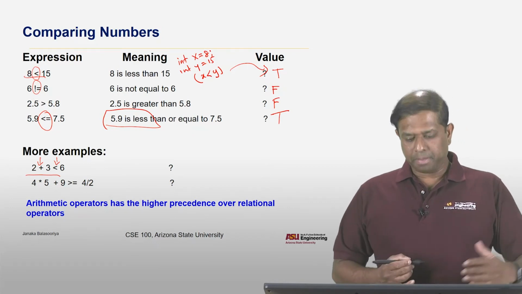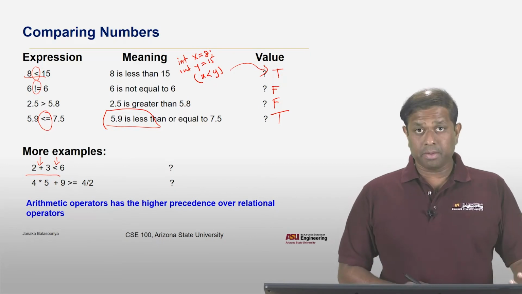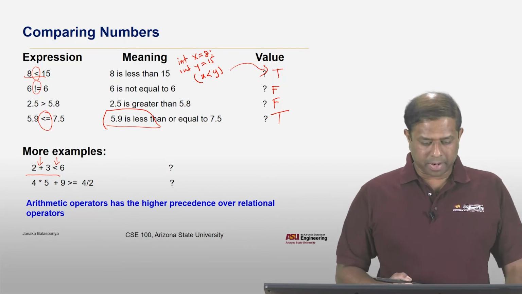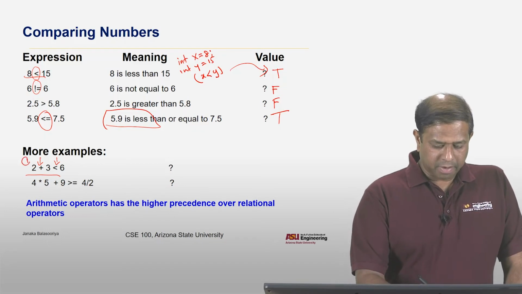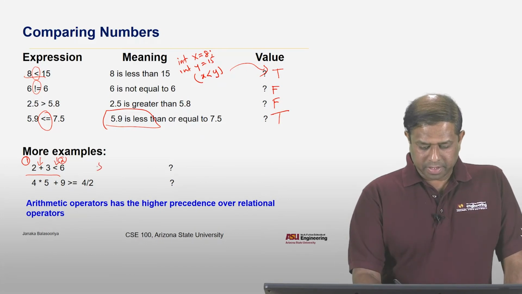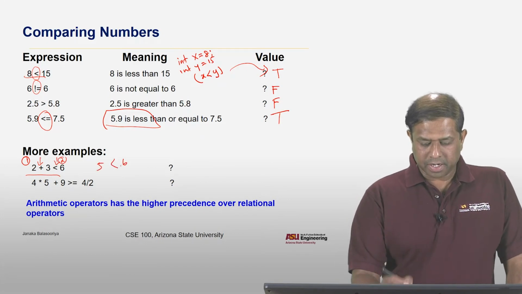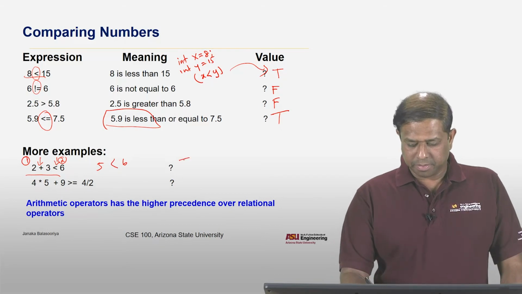When you apply operator precedence rules, arithmetic operators have higher precedence than these relational operators. So therefore this will be done first and then this will be done second. So we are checking whether 5 less than 6. We know that 5 is less than 6, so therefore this is going to be true.